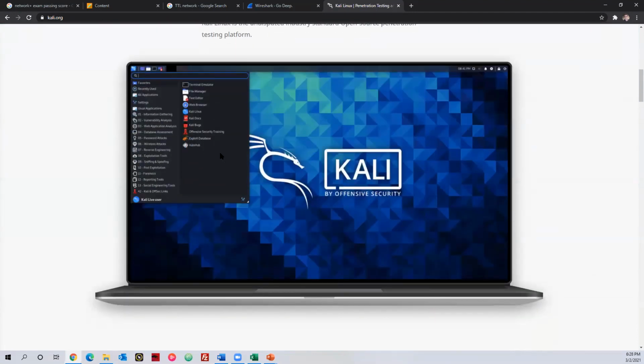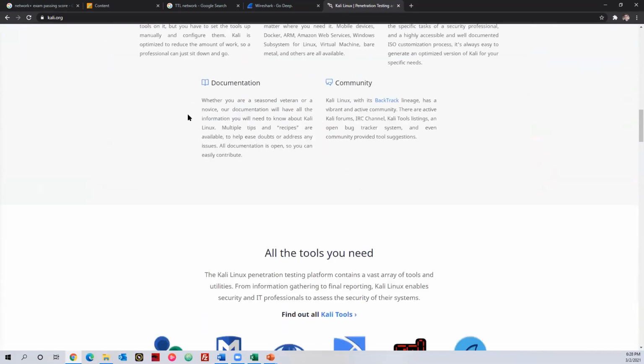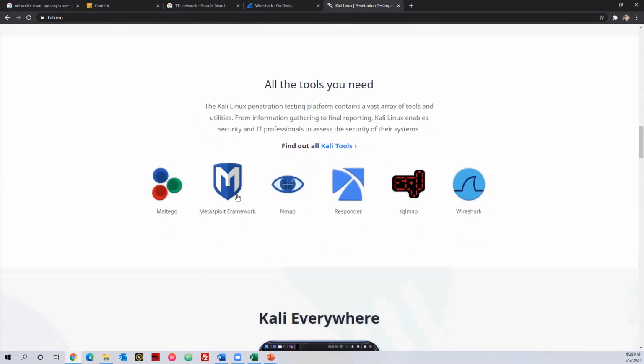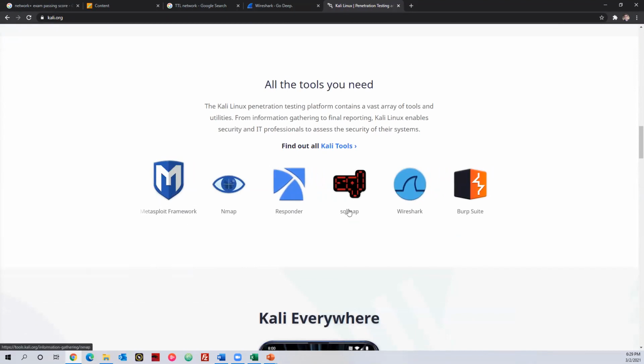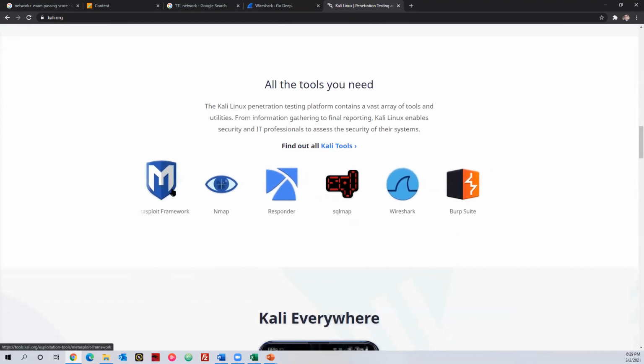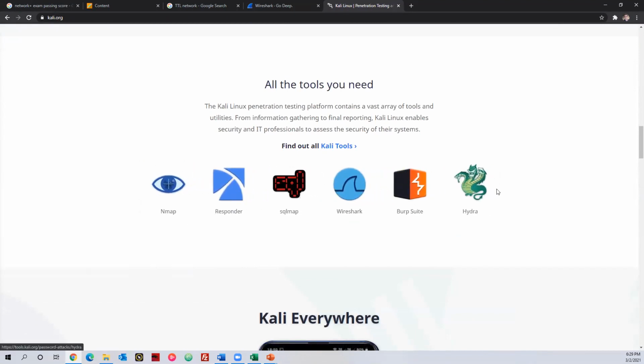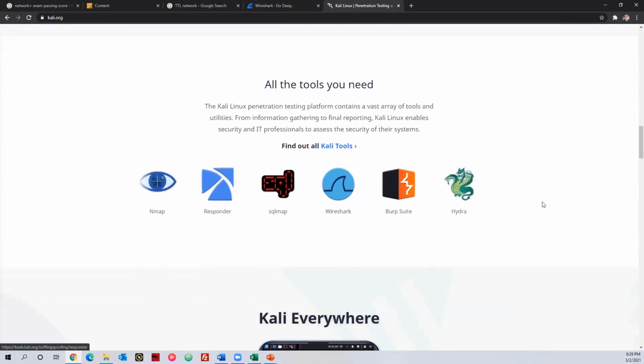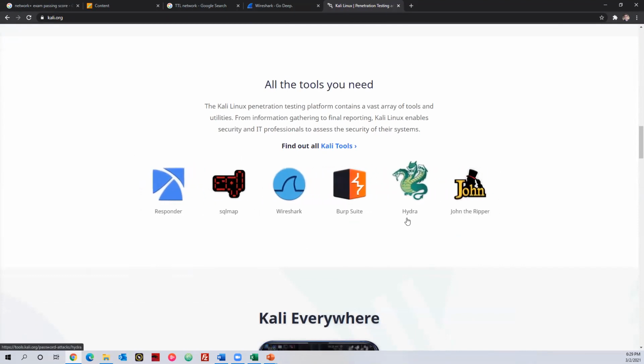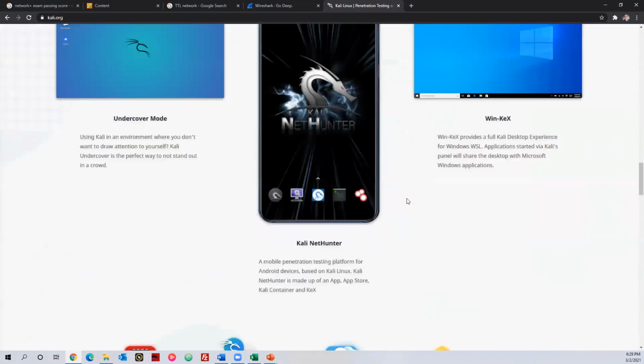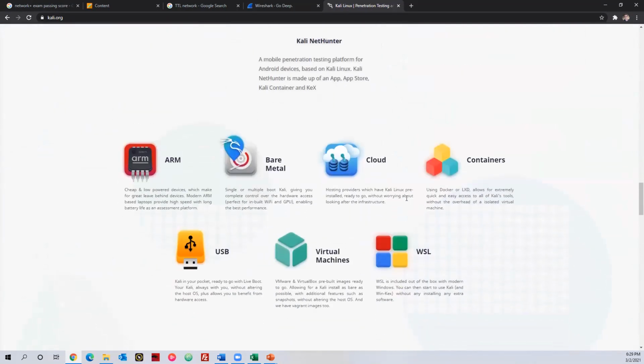It's a Linux operating system that has all those fun things you can use, like Wireshark and so forth, to try out different things on the network. So your FBI probably uses something similar to this, if not this already. So it's kind of cool.